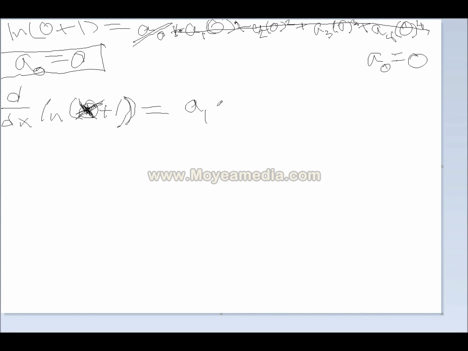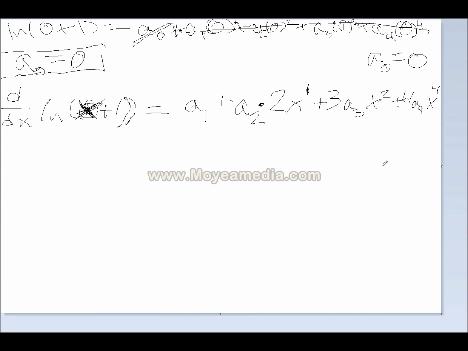For these other terms, as you can see, a sub 2, you're going to carry down the 2, and it's x to the 1. So a sub 2 times 2x to the 1. And the rest of these are going to follow suit. So plus 3 a sub 3 x squared, and plus 4 a sub 4 x to the 4th.